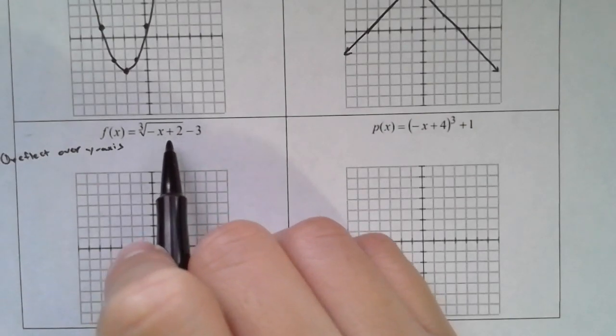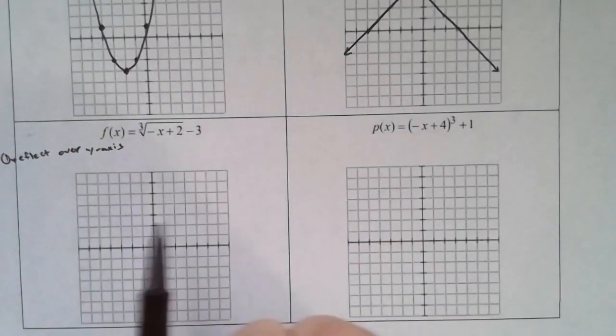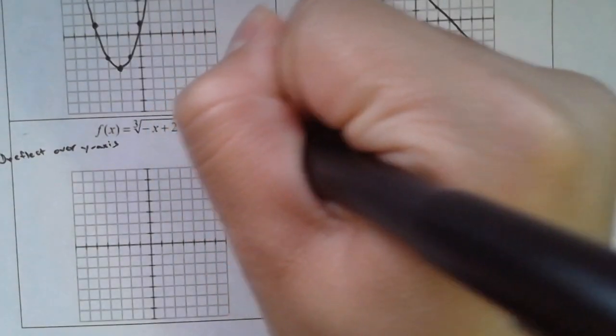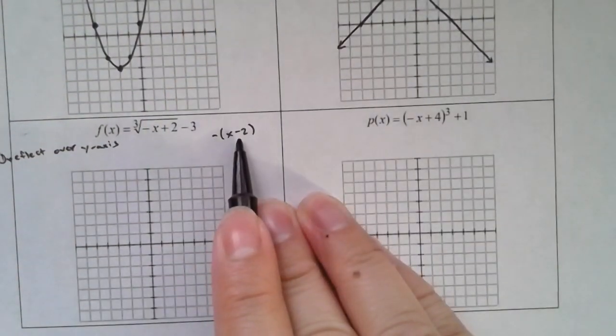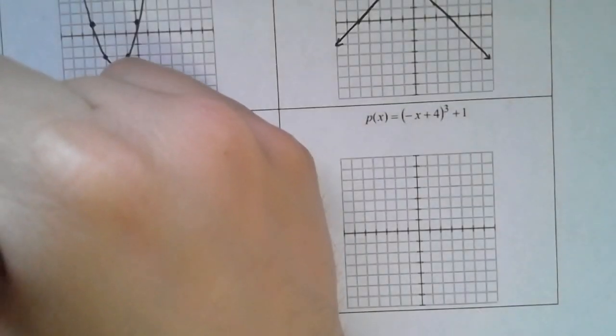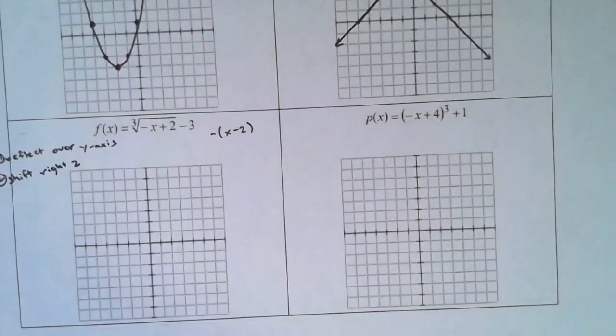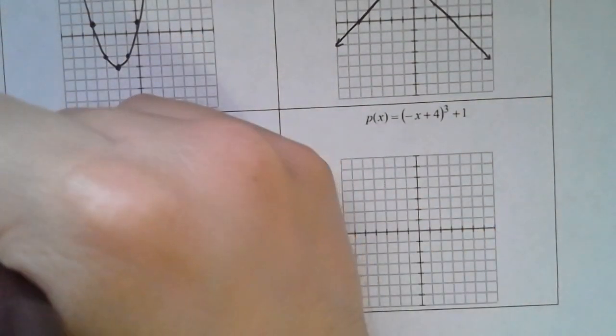However, before I mess up on the left or the right, notice that this is really negative x minus 2, right? So which means I shift right 2, and then the minus 3 is shift down.